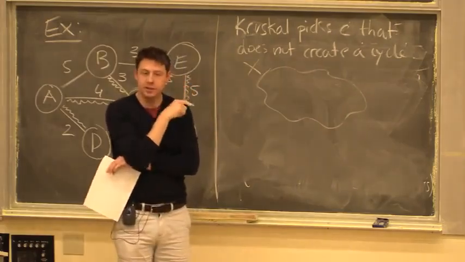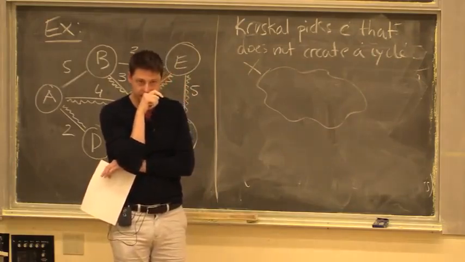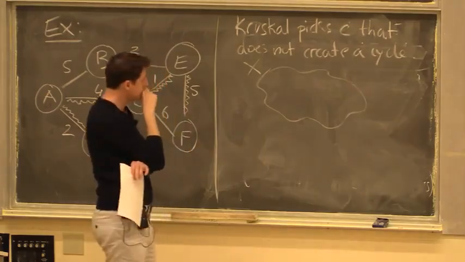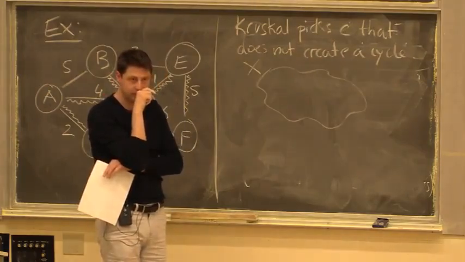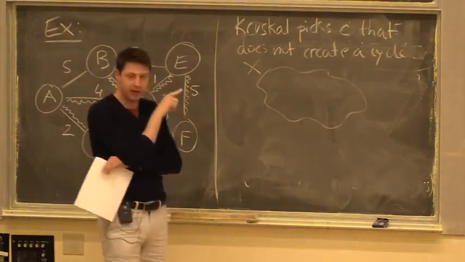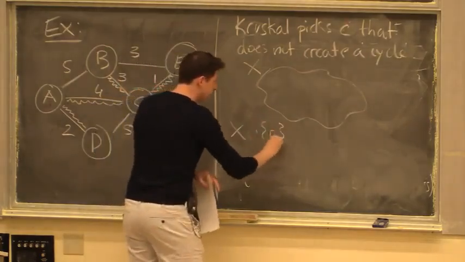Are these edges in the same connected component? So we have X, and the next state of the algorithm is X union E.